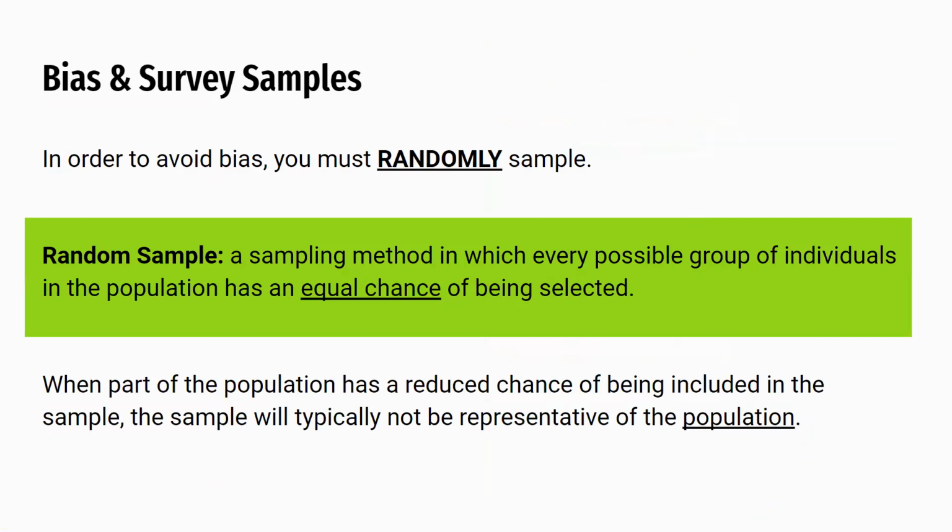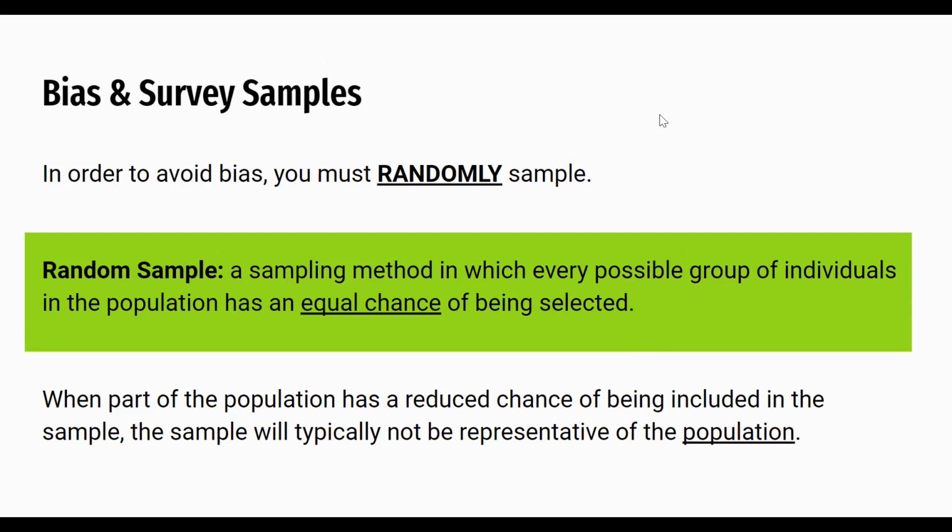So when a population has a reduced chance of being included, it's not going to be representative, which is why the best survey type to get accurate information about the entire population is a random sample. We don't want to exclude or over-include opinions or values or ideas of something that is not typically representative of the entire population at large.